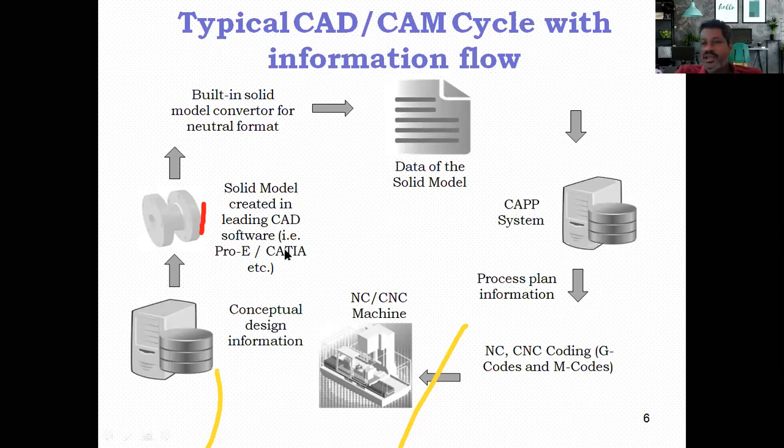Then you have Creo, and all those softwares are commercially available in the market to generate the solid model. So using any of the commercially available software, you are going to create the solid model based on the conceptual design.